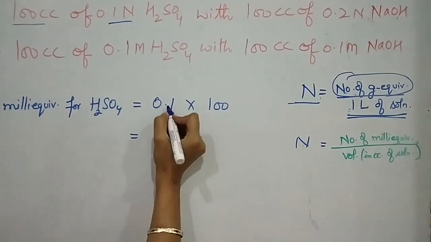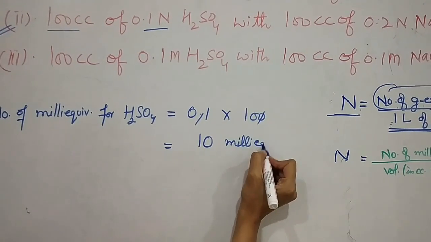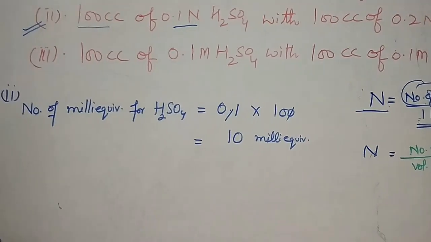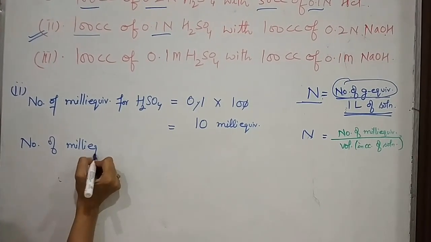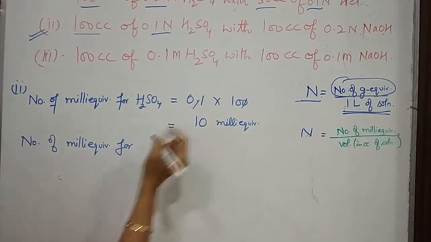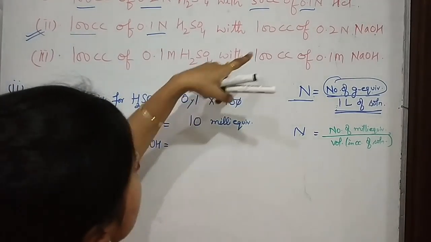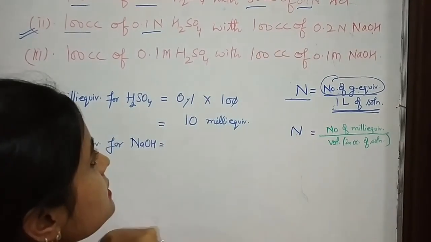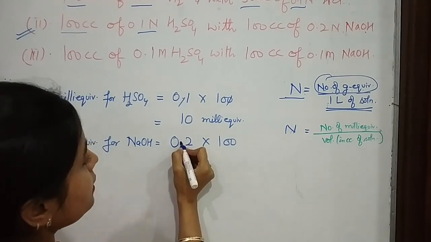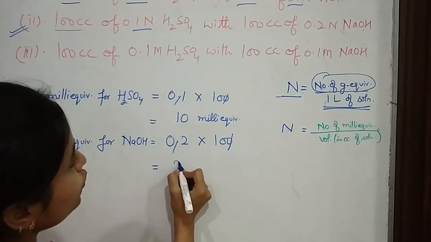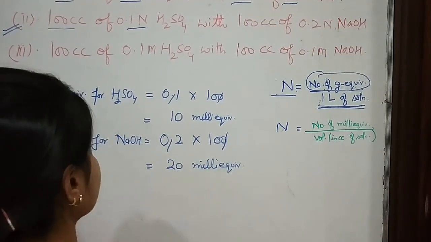So it comes out to be 10 milli equivalents. Similarly, number of milli equivalents for NaOH is again normality of this base, which is 0.2, into volume, that is 100 cc. These two cancel out and we have 20 milli equivalents of base.